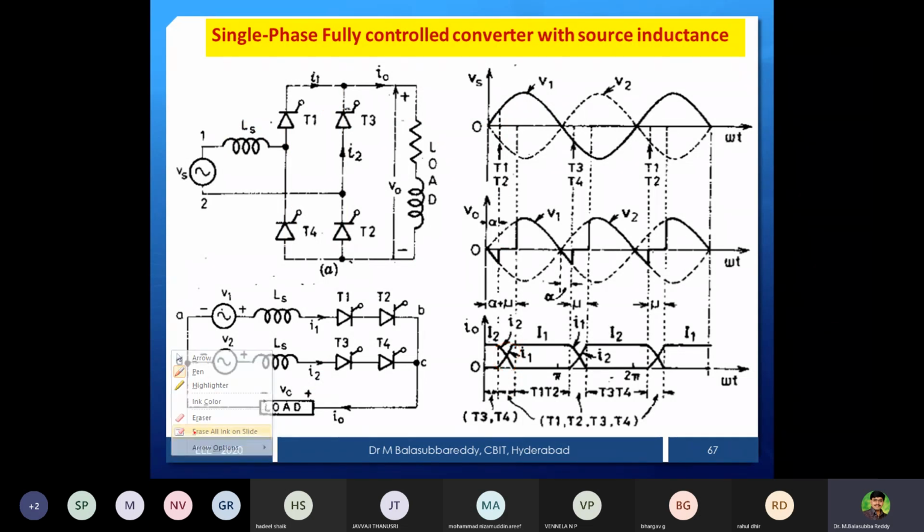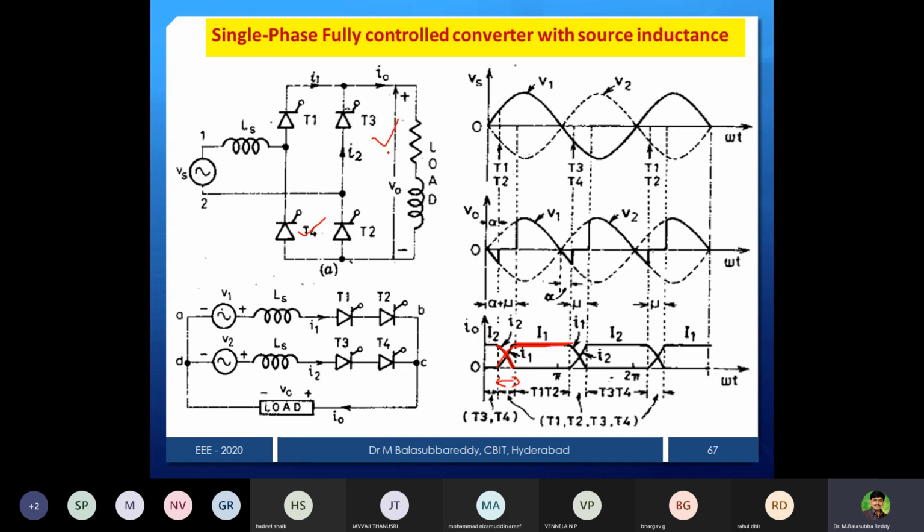The I2 current reaches 0, meaning T3, T4 is completely turned off, and the T1, T2 current gradually rises and picks up the load current. You can see T1, T2 is completely on and T3, T4 is completely off. Before this is the overlap interval. What is the meaning of overlap interval? Incoming devices.